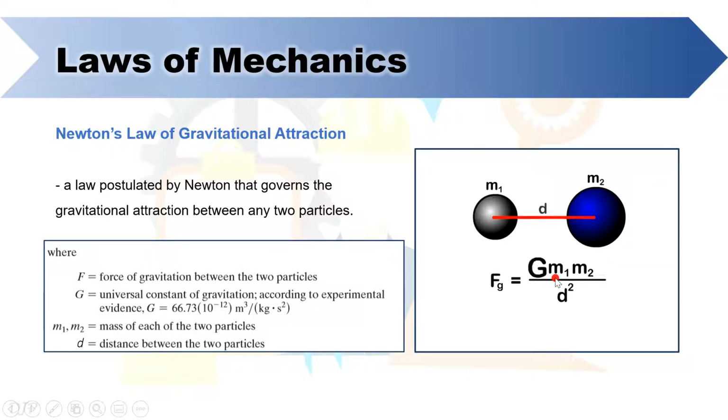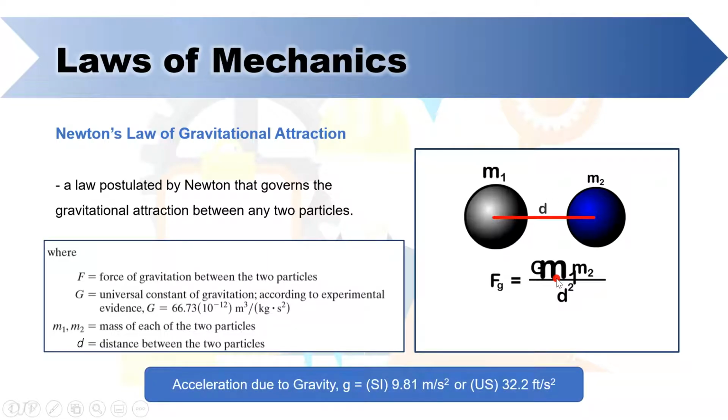This law is very essential in arriving at the value of acceleration due to gravity. Take note that 9.81 meter per second squared and 32.2 feet per second squared are the values that we will keep using for acceleration due to gravity.